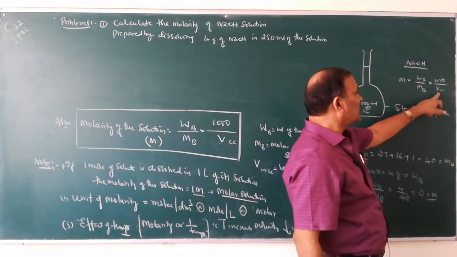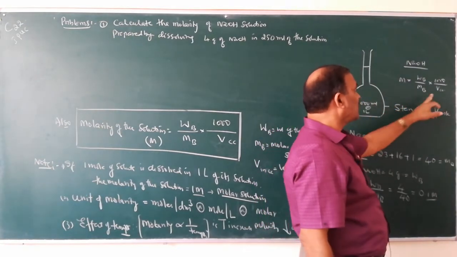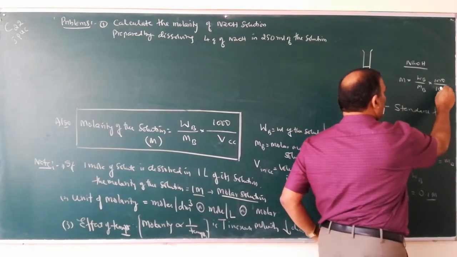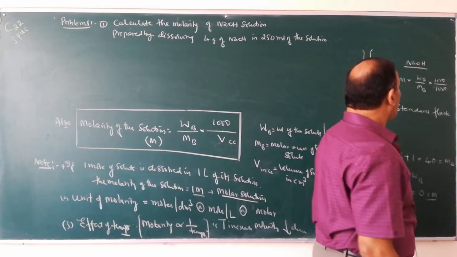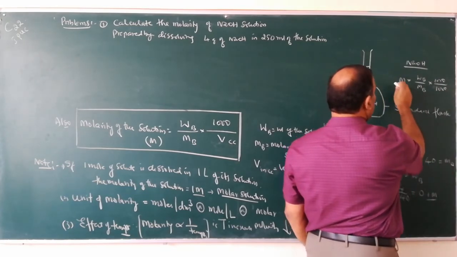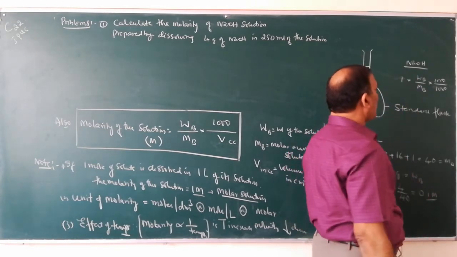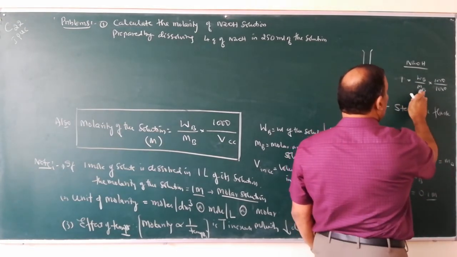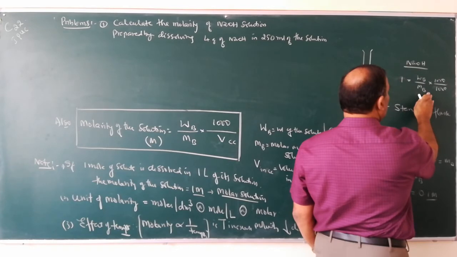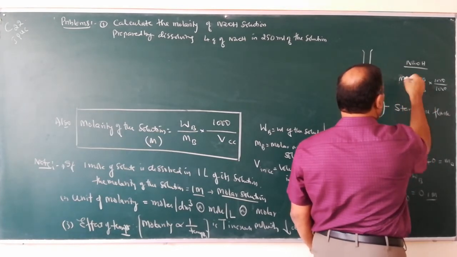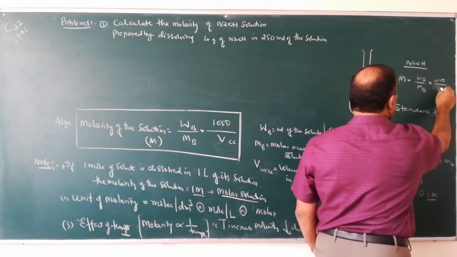What is the volume of the solution required? 1000 ml, so write 1000. What is the molarity of the solution needed? 1 molar, so write 1. What is the molar mass of sodium hydroxide?